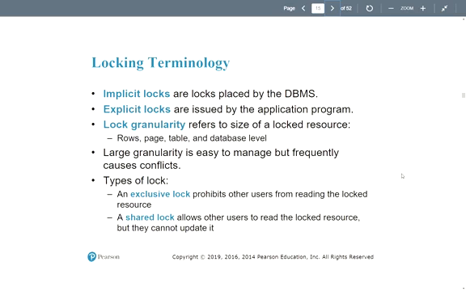The good news is most of the concurrency control is done by the DBMS. When Oracle, Microsoft, and IBM build their database management systems, they already build in optimized algorithms to handle this type of conflict.